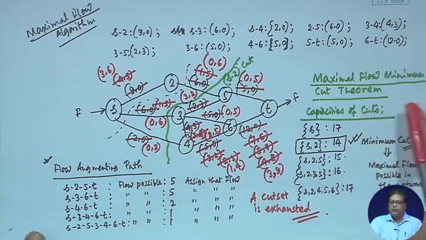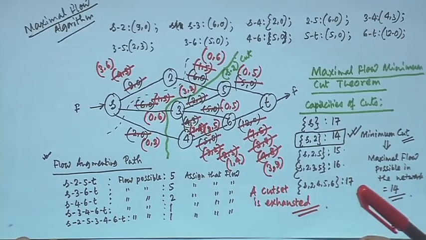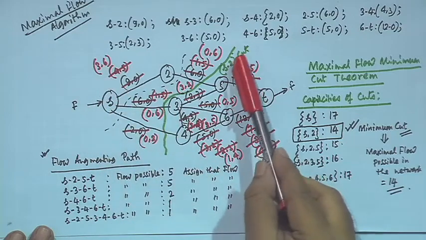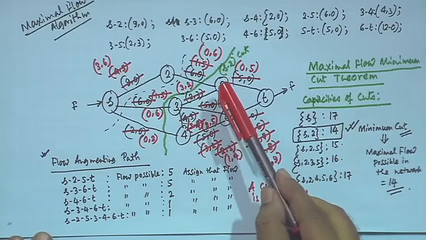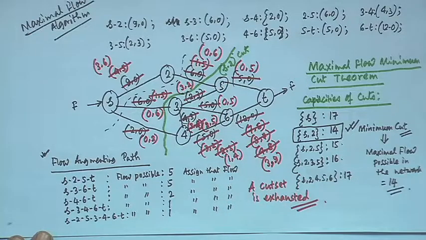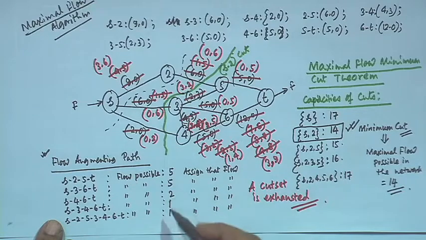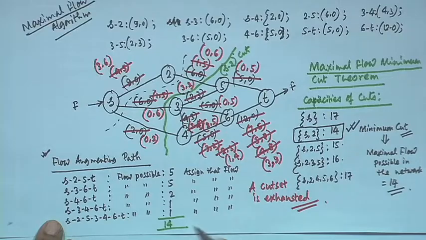So, what the maximum flow minimum cut theorem has told us is that total flow possible would be 14 and the cut set was S-2. So, after using the maximal flow algorithm, we have seen a cut set has been exhausted and that cut set has given us exactly a flow of 14 only, because 5 plus 5 plus 2 plus 1 plus 1 is 14, right.